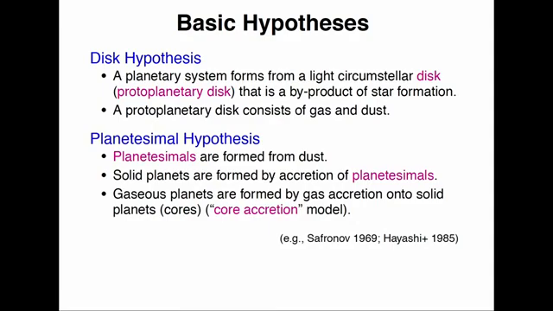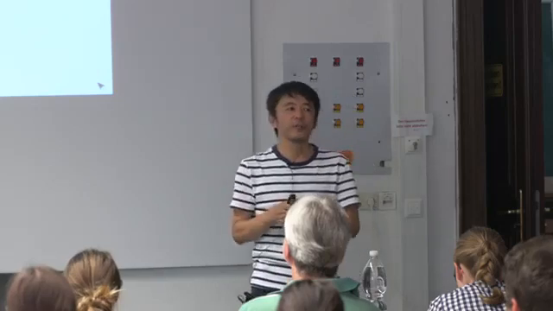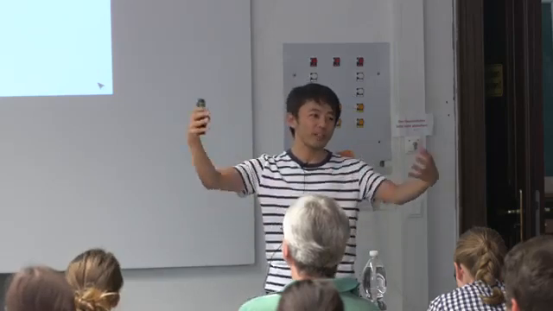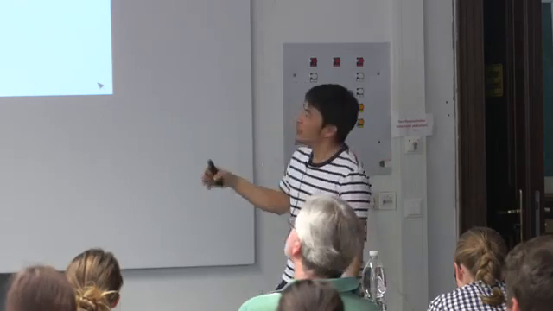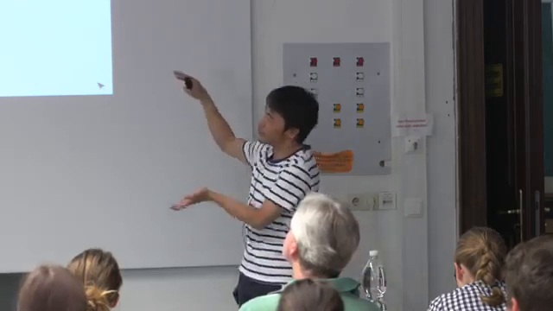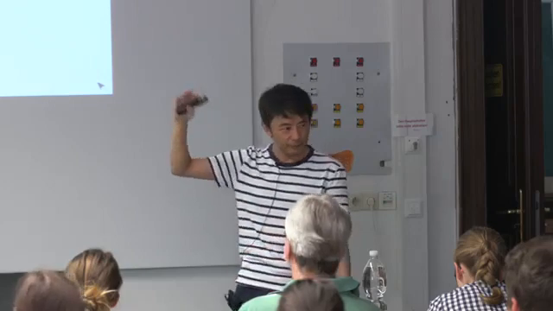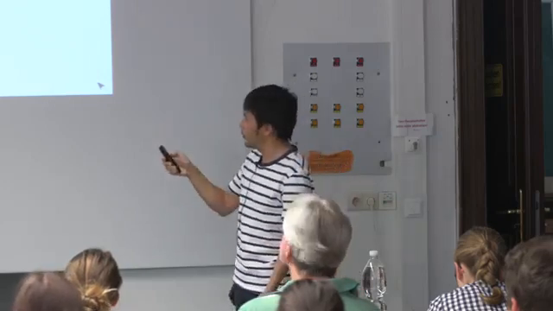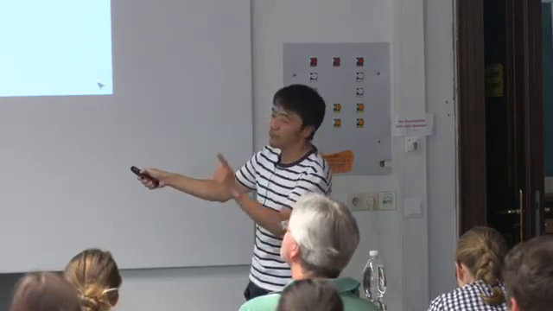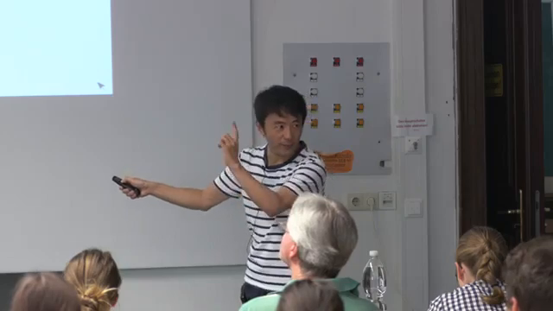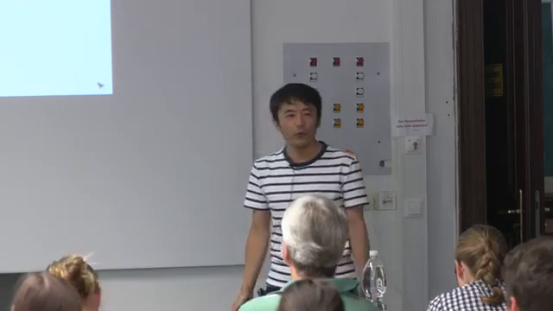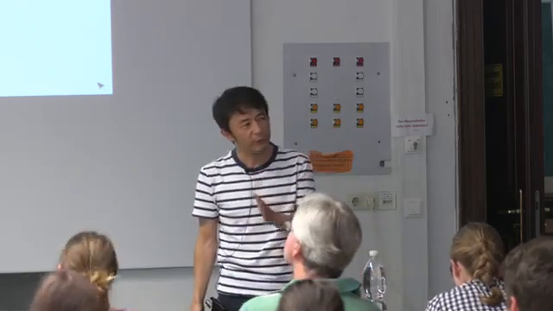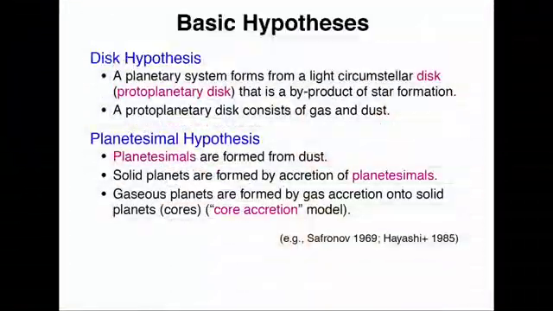Then the core becomes big enough to capture gas from the protoplanetary disk by its self-gravity. So the formation of the gas giants is kind of two-step: first we form the core, then the core accretes gas.